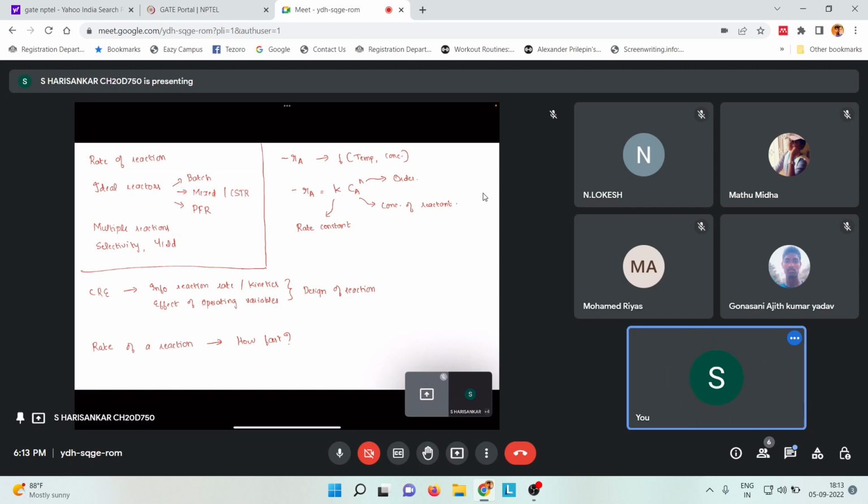This rate can also be defined as follows: 1 by V into dNA by dt. So this is another basic representation of rate, and here V is the reaction or reactor volume, dNA is the change in number of moles of reactant A, and dt is the change in time.